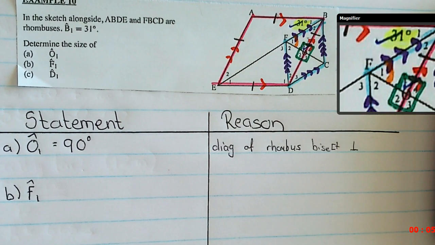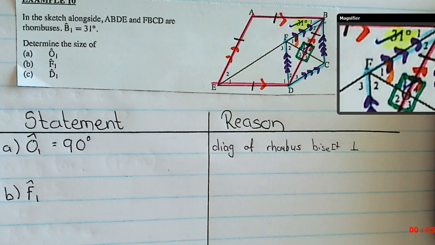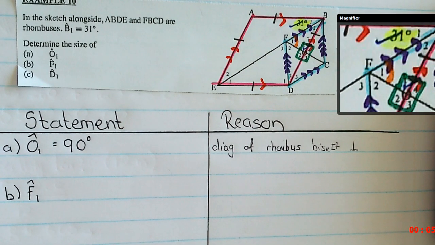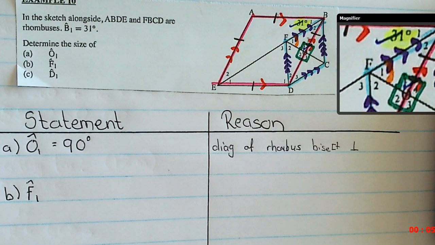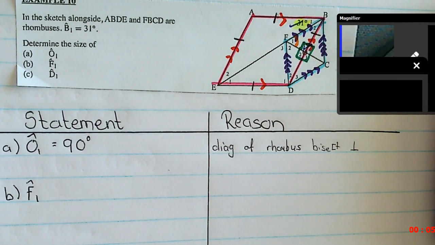Look at this triangle here. You have the 90, you have the 31. So you just have to say 180 minus those two. You get F1. Does that make sense? So again, if you get stuck, you use what is there. You try to use this 90, you try to use that 51 to get this 10.